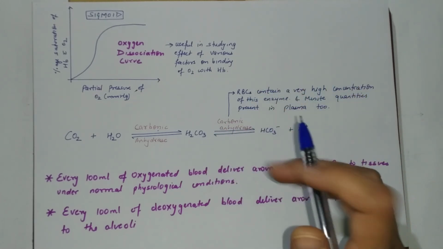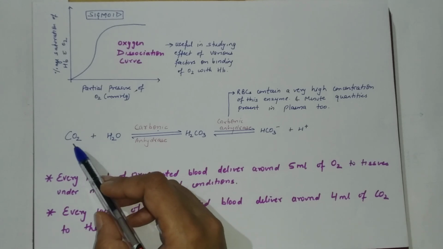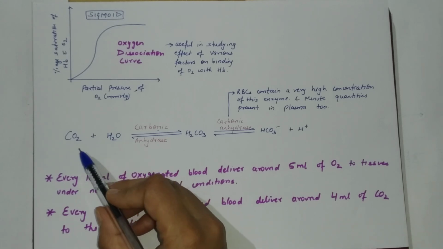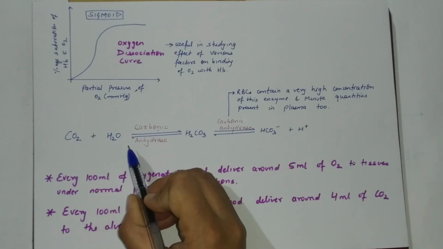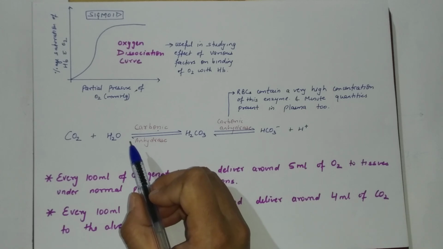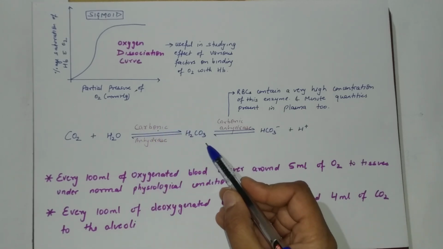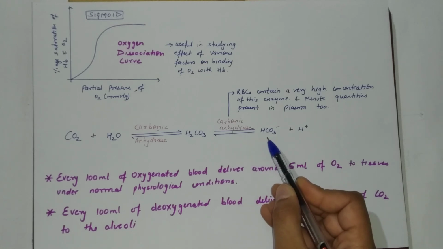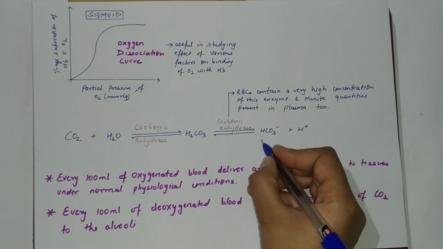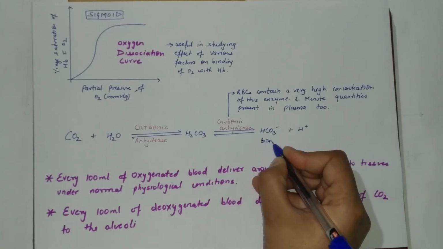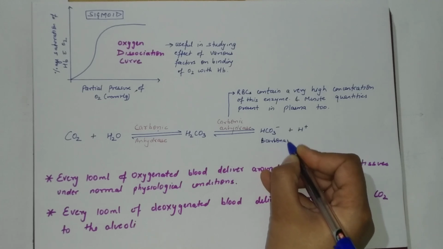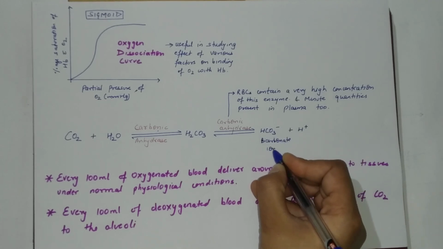At the tissue level, where carbon dioxide is high due to catabolism, carbon dioxide diffuses into blood, that is into both RBCs and plasma where this enzyme is present, and forms carbonic acid, and further it forms bicarbonate ion and H plus ion. This is bicarbonate ion.